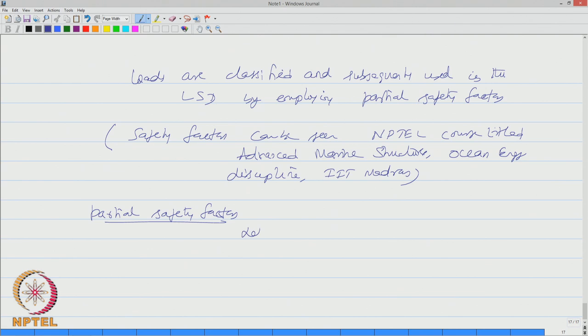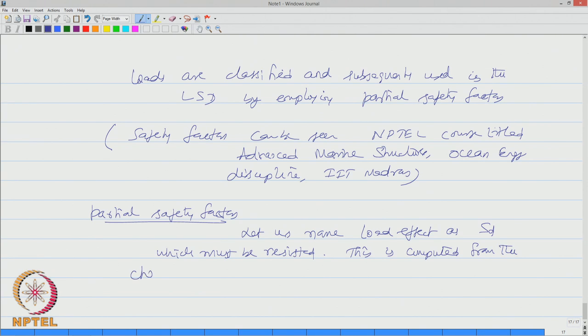Let us name the load effect as SD, which must be resisted. This is computed from the characteristic load.